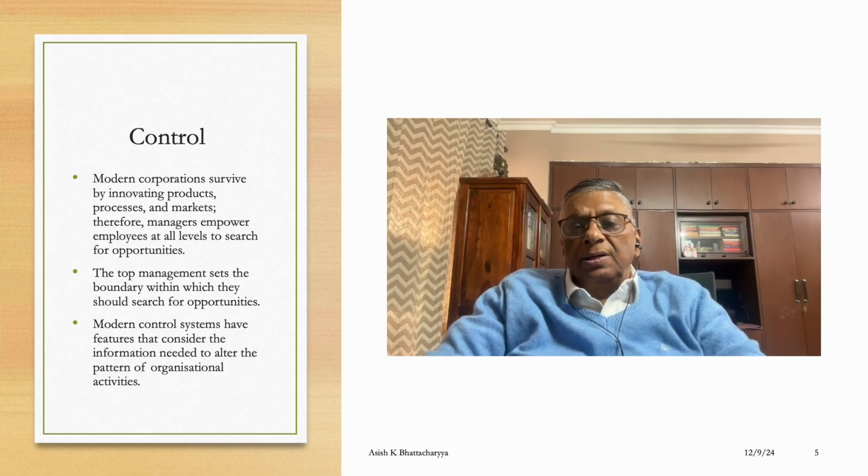Therefore, there is a need to control, a need to see the result. You need, as a manager, to get the feedback on whether whatever alternative you decided, whatever activities you decided, are providing the desired outcome. If the desired outcome is not there, you modify the plan or you take remedial actions to ensure that you are getting the desired result.